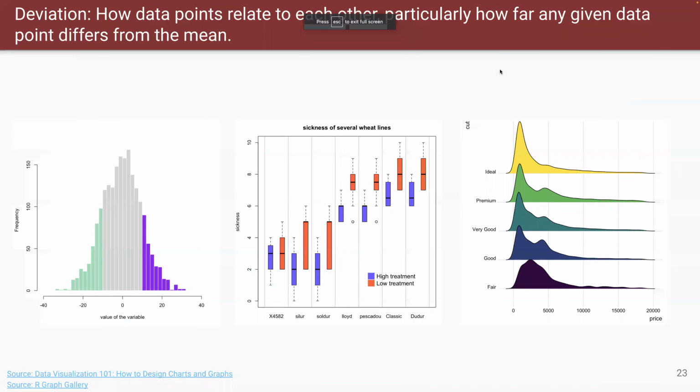Okay, we talked about the distribution, and now we can talk about the deviation, because the deviation is how far your data points of interest are located in a distribution. So deviation is the information you can infer from your distribution. Once you get the distribution, then you can say where the data points of your interest appear relative to the expectation.